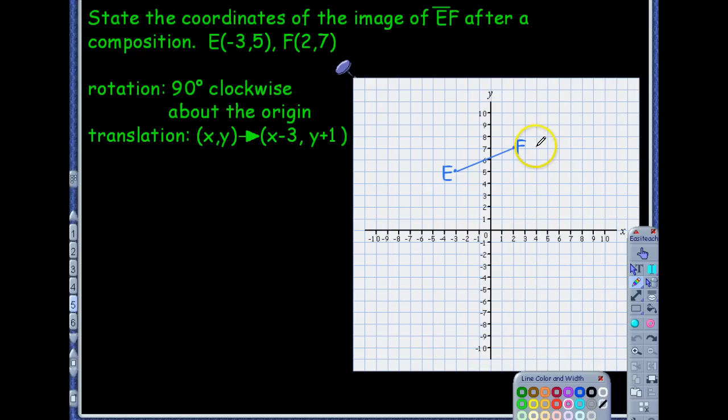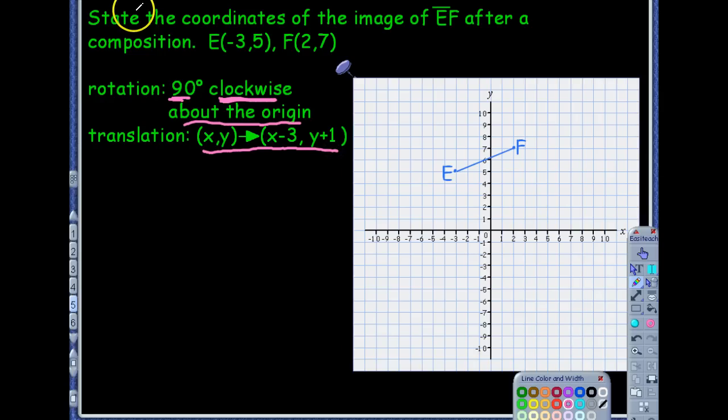We're going to rotate first 90 degrees clockwise. So here's your amount, direction, and about the origin, which is our fixed point in our rotation. So we're going to do that first. Then we're going to translate, and notice they gave you a coordinate notation of that, describing where you're going, okay?